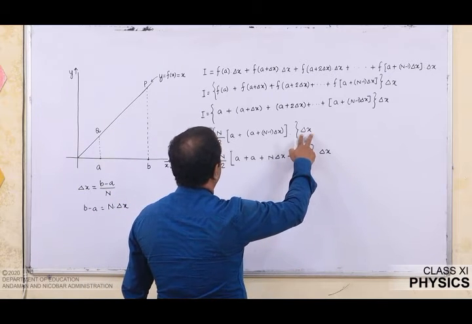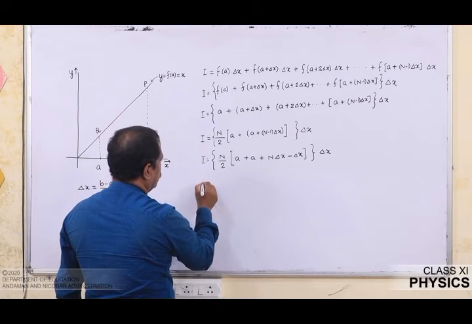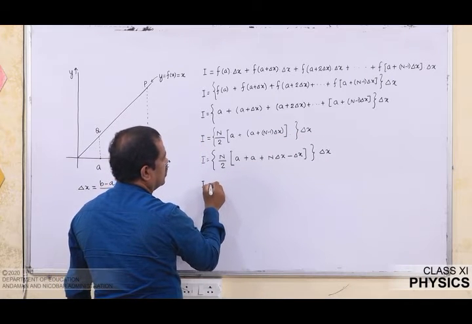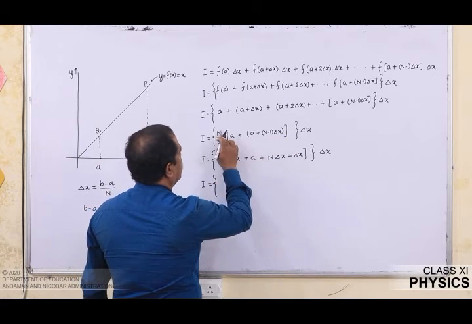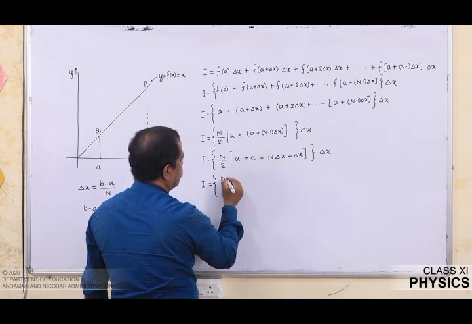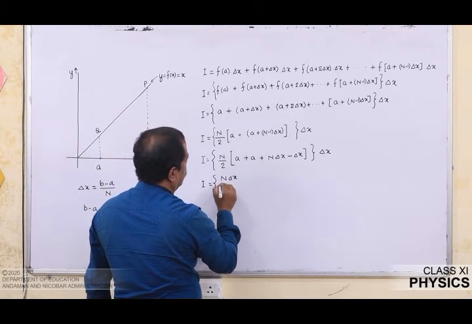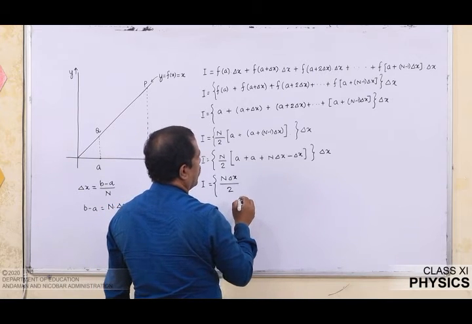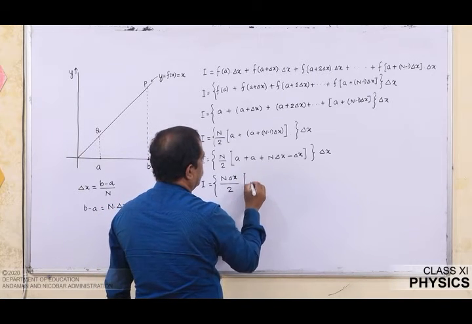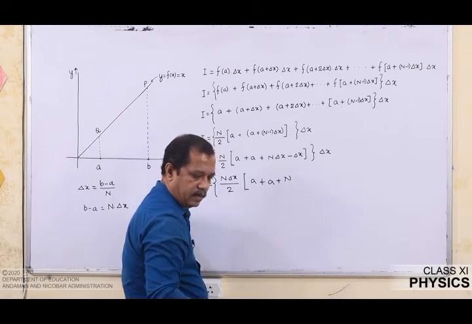Now, here this del x, if I bring in, so therefore, I am going to have I is equal to n times del x over 2 times a plus, I can write 2a.